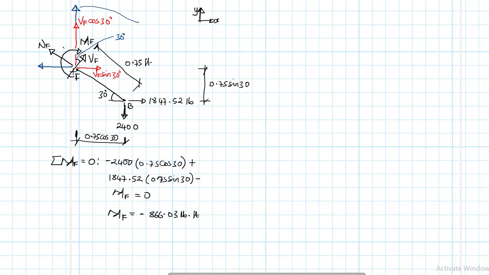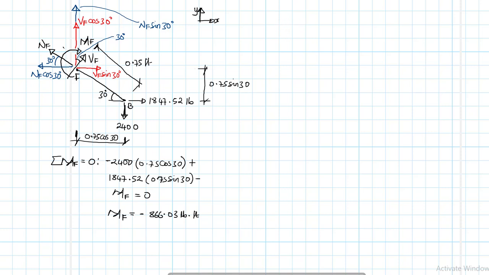This angle here is 30. Therefore, this NF is NF cos 30. Then this one is NF sine 30. Is that fine? So we have those components there. So we need to sum them, apply the equations of equilibrium, and then we solve them.